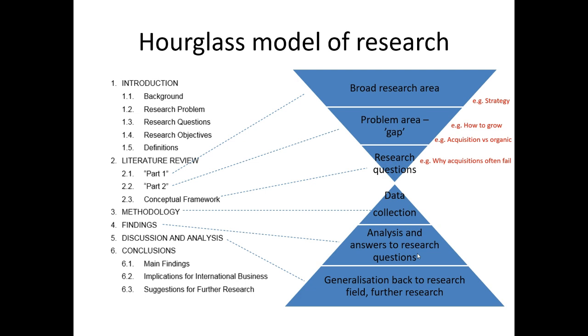Once the findings section is done, you move on to section 5, discussion and analysis. And this is the place where you start to discuss your findings. That is, you compare your findings to findings in existing research.